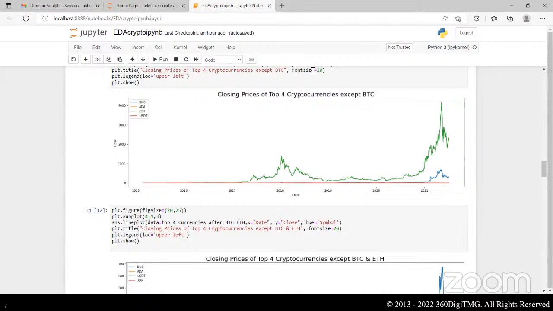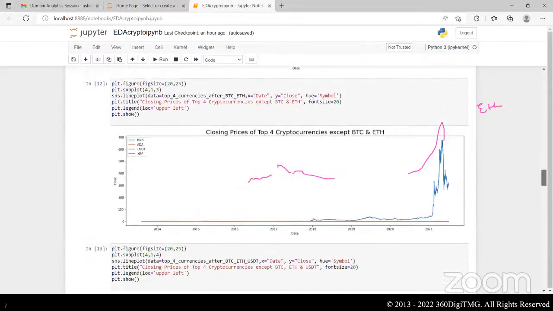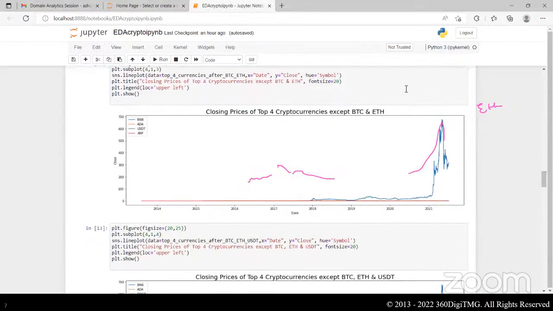What you are observing is that over the past 5 years, from 2017, 18, 19, 20, 21, you are seeing a continuous growth for your Ethereum. And the same goes for other cryptocurrencies as well.